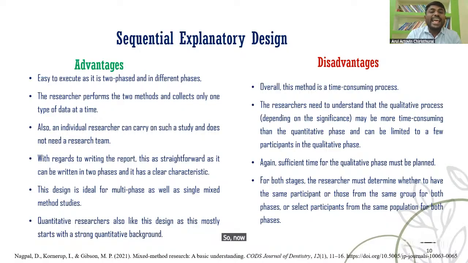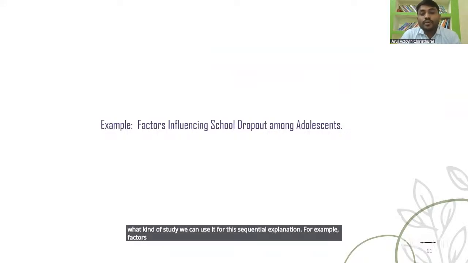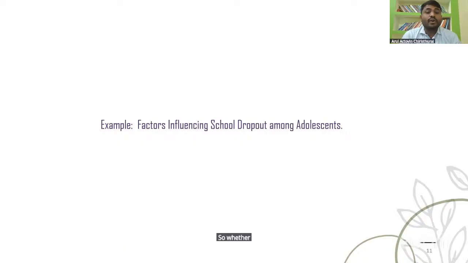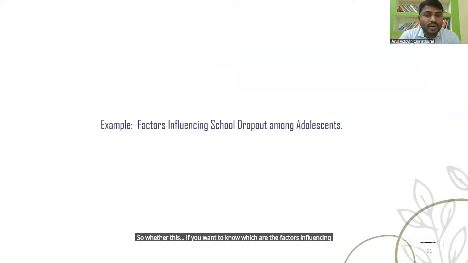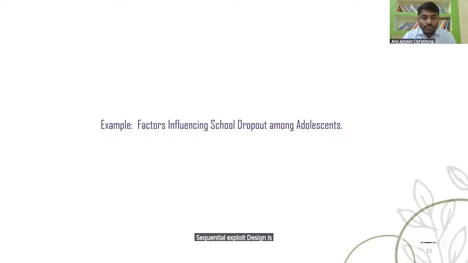So now we'll have an example of what kind of study we can use this sequential explanatory research design for. For example, factors influencing school dropouts among adolescents. If you want to know which factors influence school dropout among adolescents, how is this sequential explanatory design apt or useful?